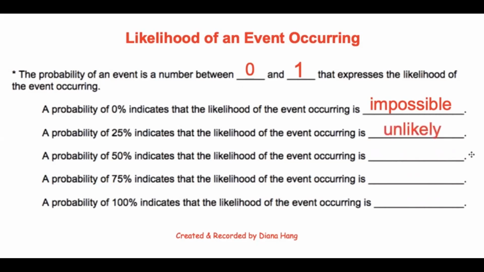The probability of 50%, the likelihood of that event occurring would be called equally likely. If a probability is 75%, then the likelihood of that event occurring is what we call likely. And last but not least, if an event has a 100% probability of occurring, then we call that certain.